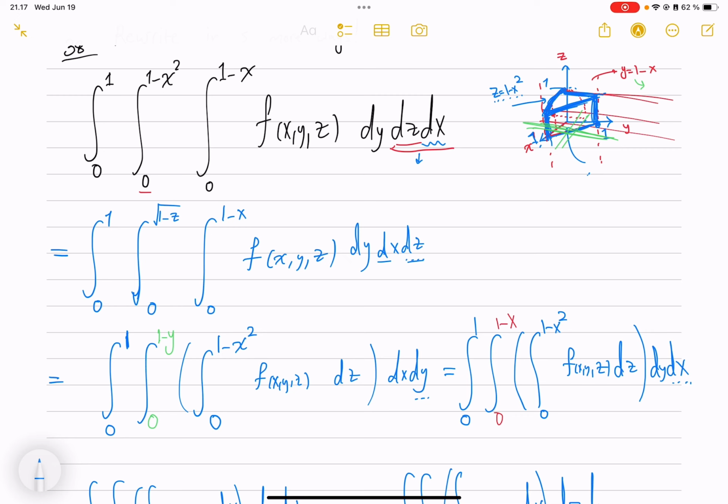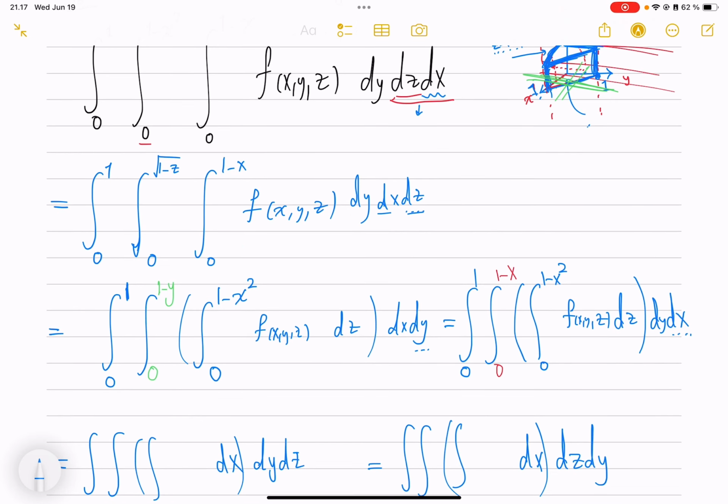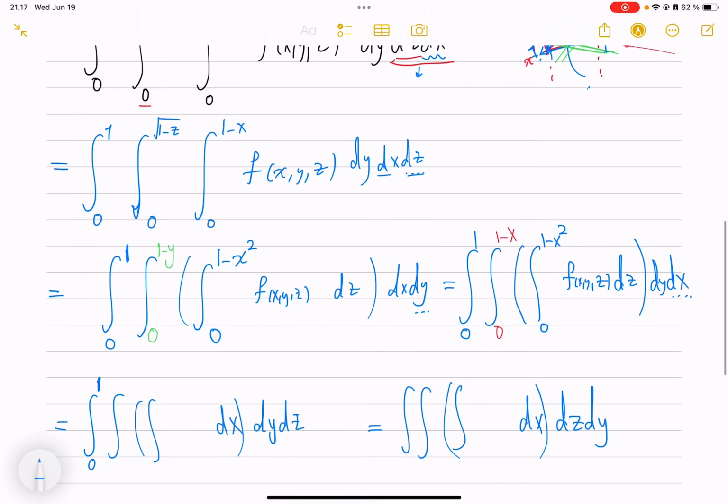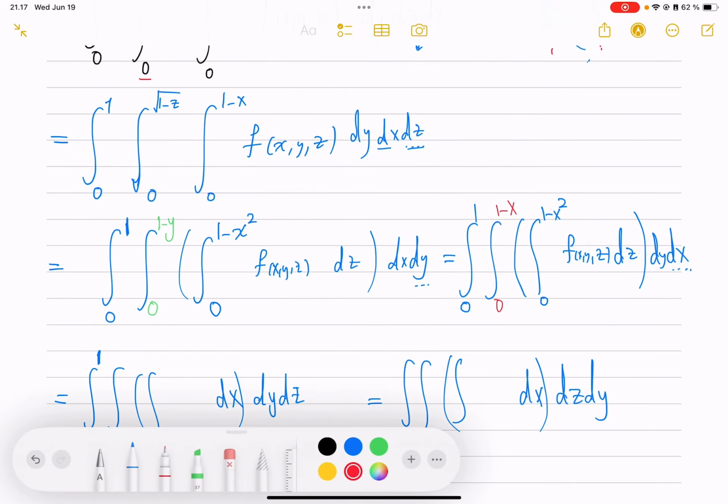Okay, so let's see. First I'm going to do z. So z goes from 0 to 1. What happens to y value? Actually, it's not a rectangle according to my calculation. So my picture, that means, is a bit misleading to myself at least.